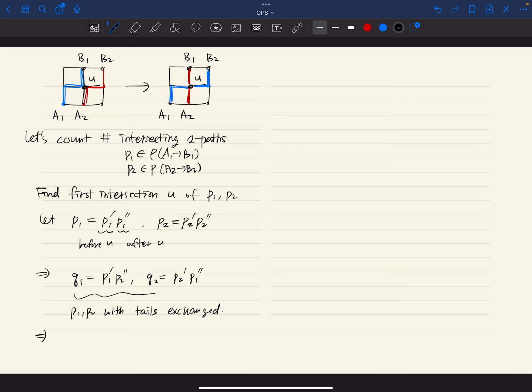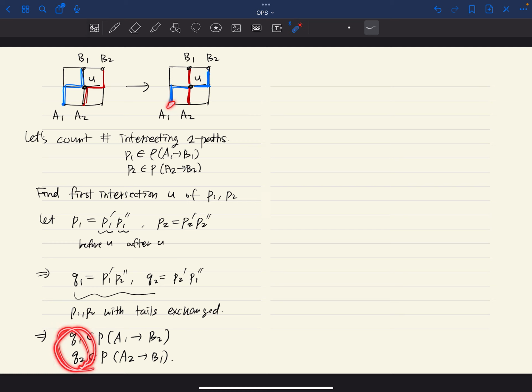Q1 is a path from A1 to B2 because the tails have been exchanged. Q2 goes from A2 to B1. But now, just think about any such pair of paths.